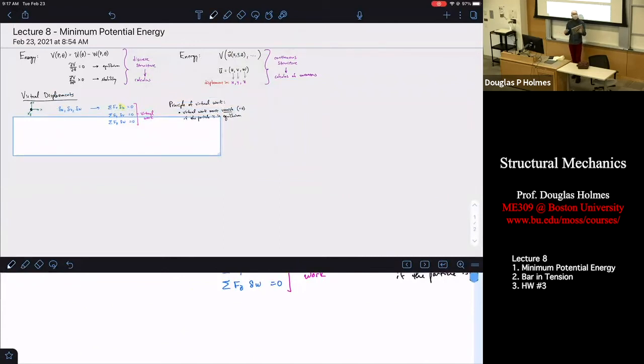So we already know that the displacement vector or displacement field of our structure has components in, say, the 3 cardinal directions, x, y, and z. Well, we can take that displacement vector and we can add to it a virtual displacement.